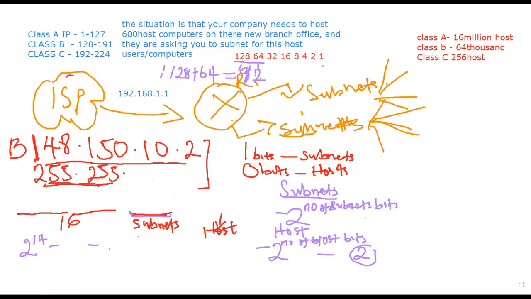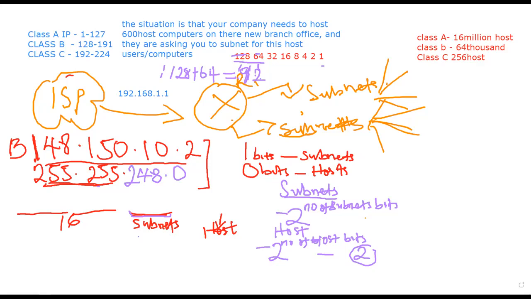Let's assume we just used 192. 128 plus 64 gave us 192. Now let's assume we use 248. Let's increase our subnet to 248, for example, dot 0.